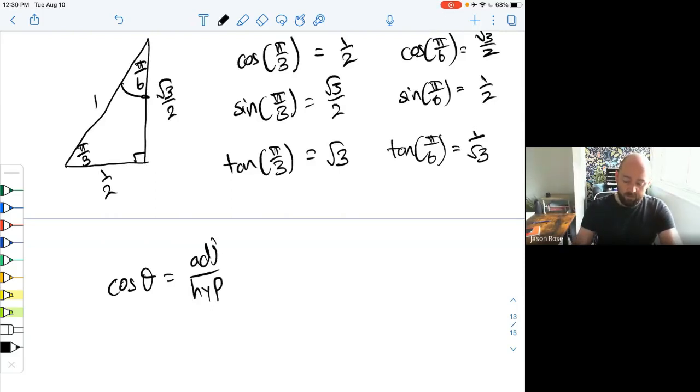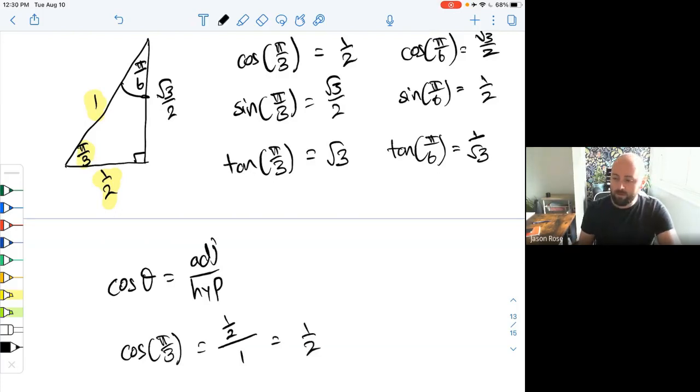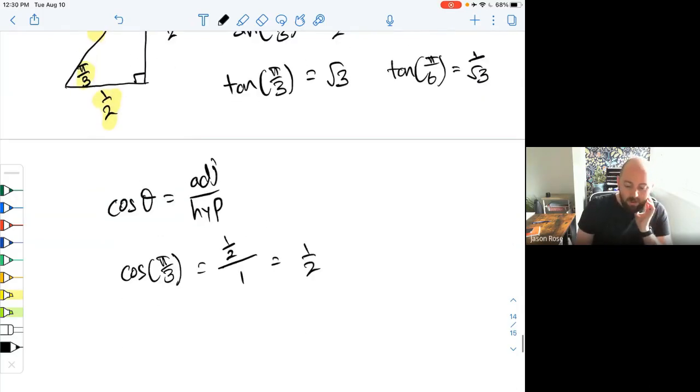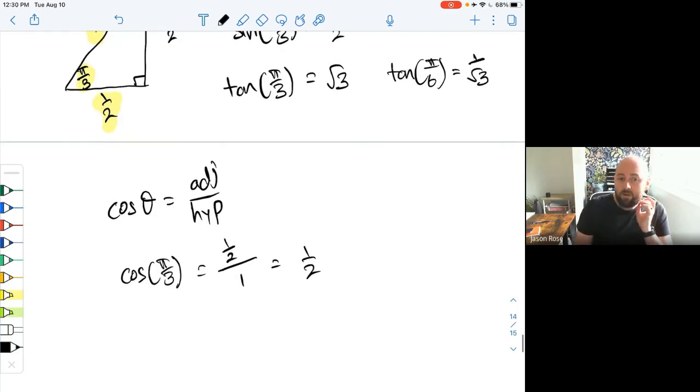So when I'm doing cosine of pi over 3, I'm saying here's my pi over 3, adjacent to it is a half, hypotenuse is 1. So it's like a half divided by 1, which is equal to a half. That is what I'm doing for all of them. When it's sine, I'm doing it as opposite over hypotenuse. Yeah. Okay.